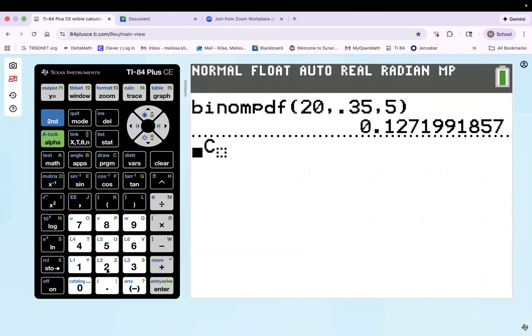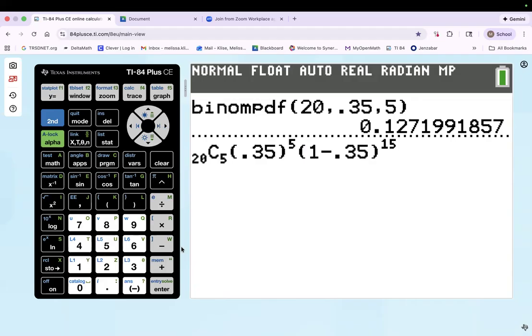What you put first is the number of trials, choose 5 of them. And then it wants to know what percent it is for success, so 0.35. And then 5 successes, which means that 1 minus the probability for failure, I'm going to have 15 failures.